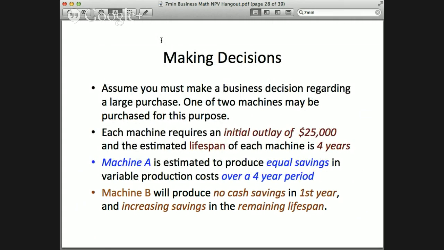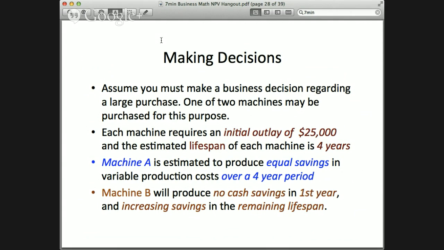So assume you must make a business decision regarding a purchase you need to make, and you have one or two options. We'll use machines as an example. Each machine requires an initial outlay of $25,000. Whether you choose machine A or machine B, it's going to cost you $25,000.